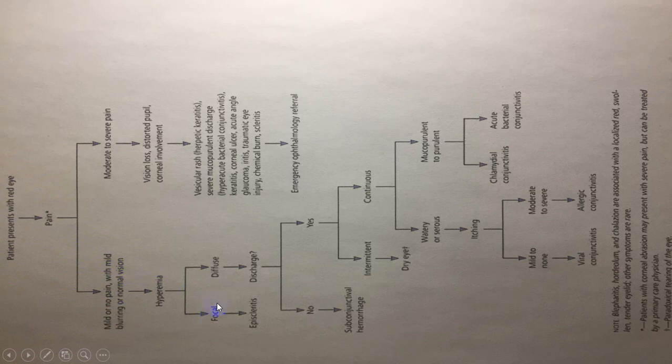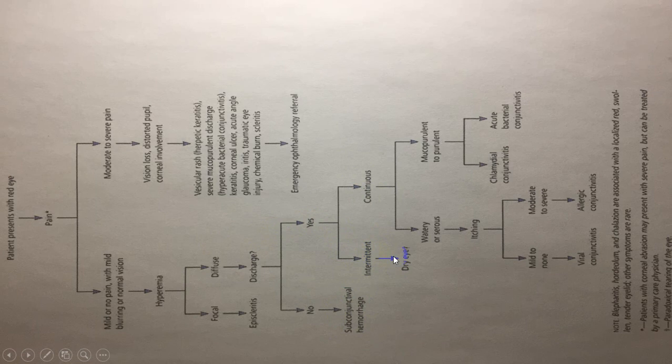Is there focal hyperemia? That goes for episcleritis. Is it diffuse hyperemia? You will check for discharge. If there is no discharge, this is subconjunctival hemorrhage. If there is discharge, you will check whether it is intermittent or continuous.